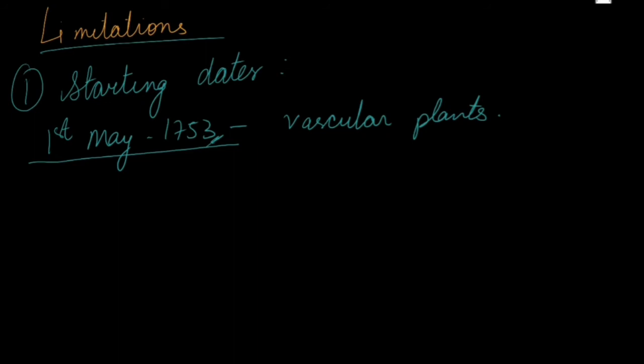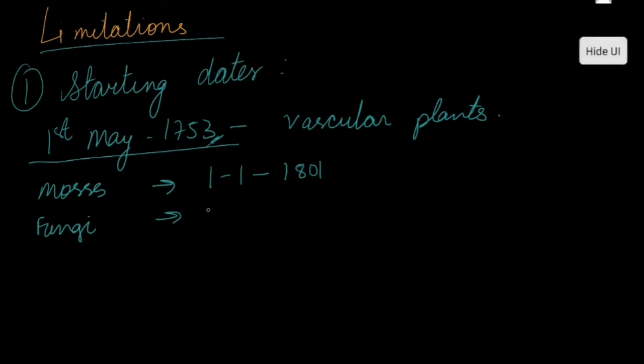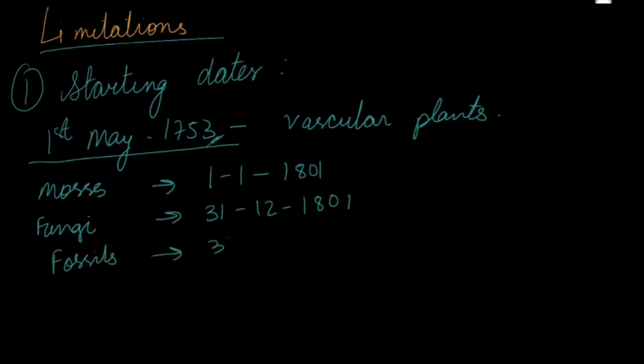Okay, so similarly there are different dates for different group of plants. For example, mosses starting date is 1st of January 1801, and fungi is 31st of December 1801, fossils 31st of December 1820.